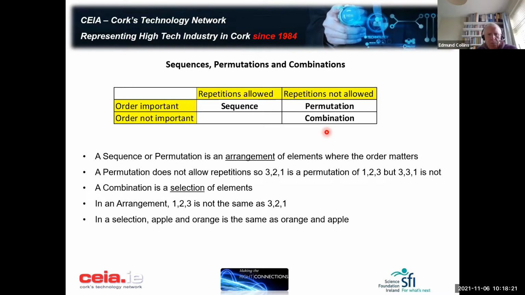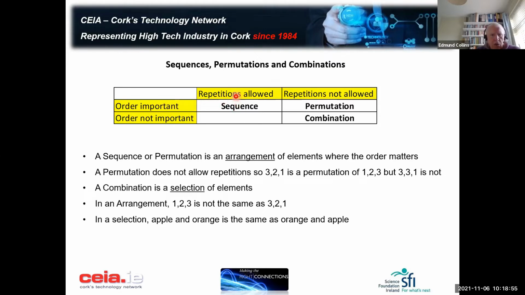But you'll find that in leading set questions, combinations come in quite a bit more. Now, I'm not saying that you wouldn't have permutations coming in, potentially sequences, but combinations are most frequently seen in the questions that I've seen anyway. But it is important to understand the difference between the 3 of them. So this table, I hope, explains it.